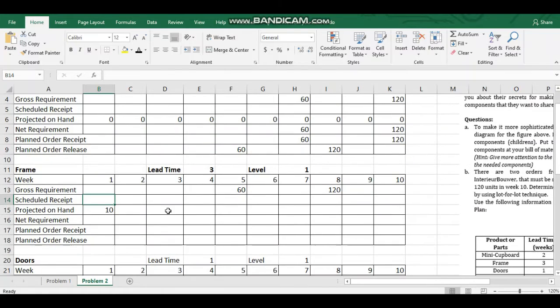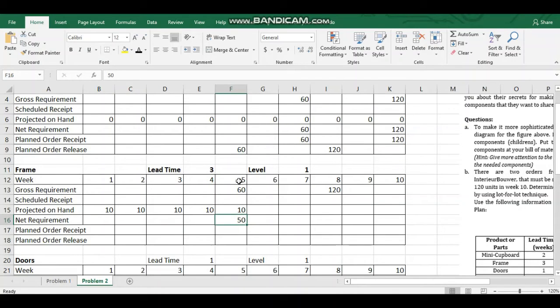Now since there is no requirement until week 4, the inventory is carried to week 5. Still 10, and the gross requirement in week 5 is 60. Our inventory is 10, so the shortage is 50 units, right? It becomes our net requirement, and we have to place an order. Since the lead time is 3 weeks, we have to place the order 3 weeks before we need it.